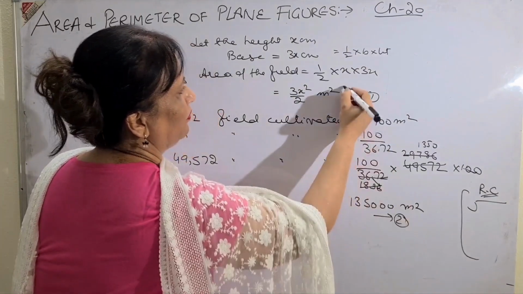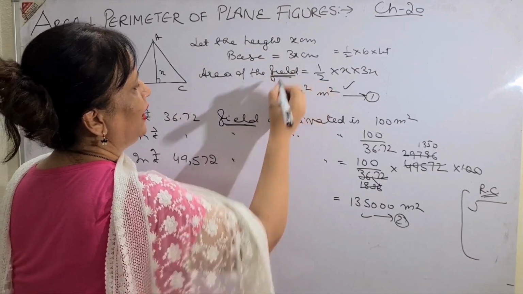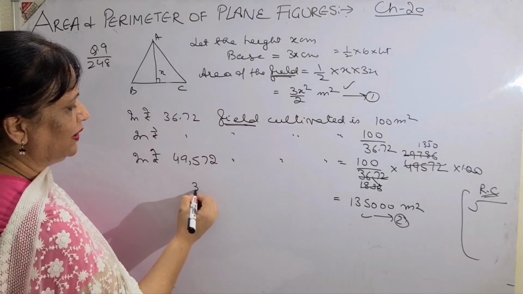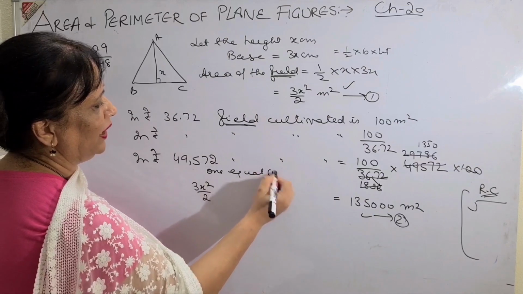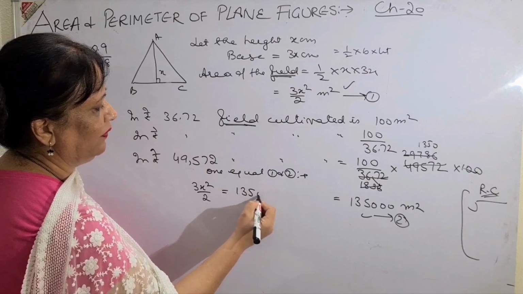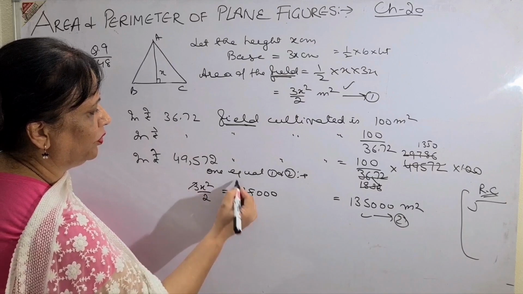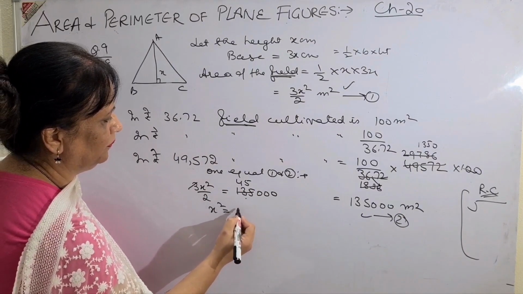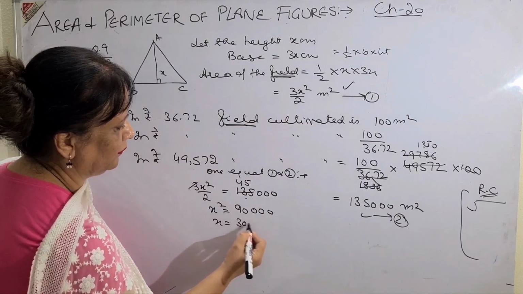Now, when I compare 1 and 2, I am talking about the same field. So if I am talking about the same field, I can easily equate 1 and 2. So 3x square upon 2, on equating 1 and 2, because I am talking about the same field, is equal to 135000, or you can cancel it. 3 4 the 12, 3 5 the 15, so x square is equal to 90000, or x is equal to 300.